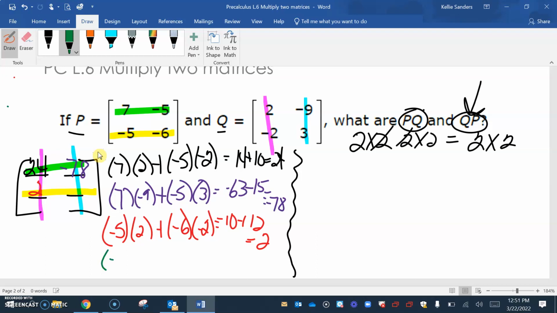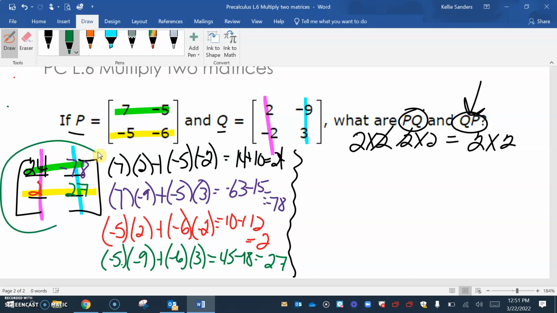Yellow and blue, negative 5, negative 9, negative 6, 3, 45 minus 18, 27? Yeah. Okay, so that is your answer for PQ.